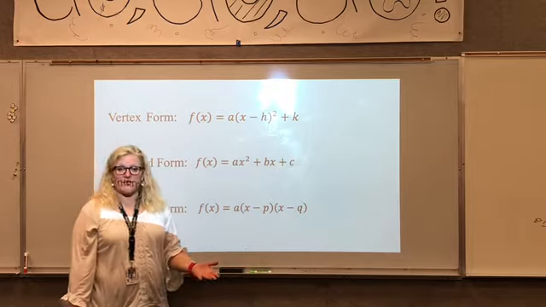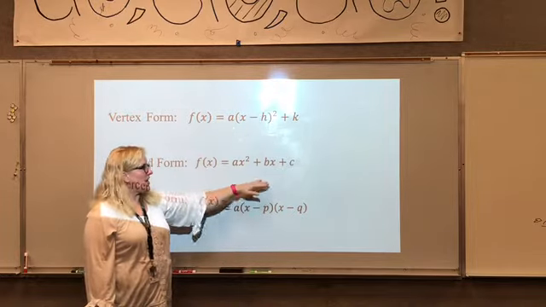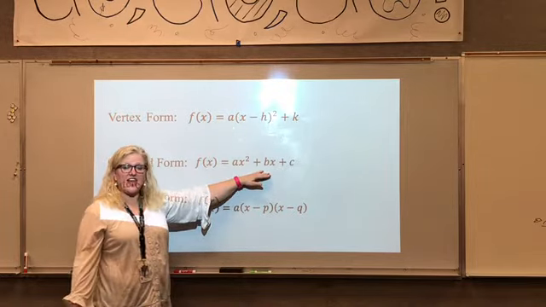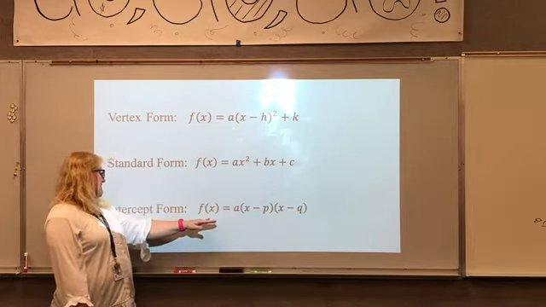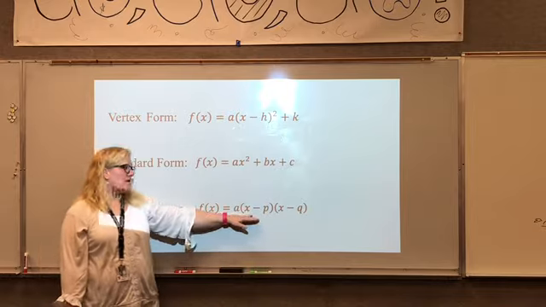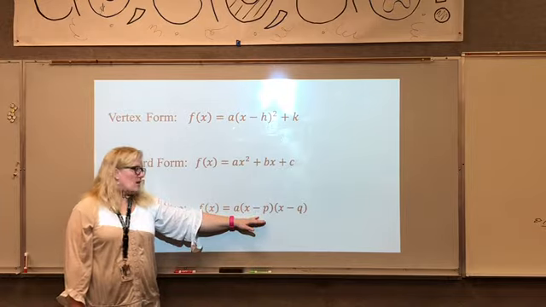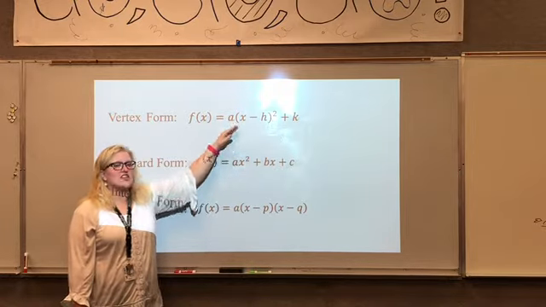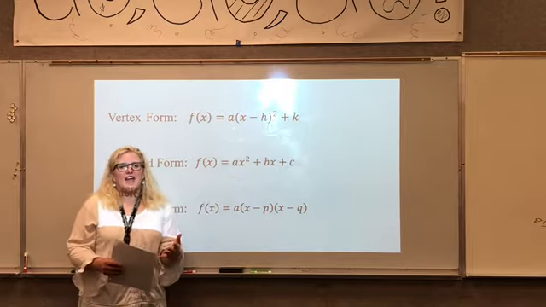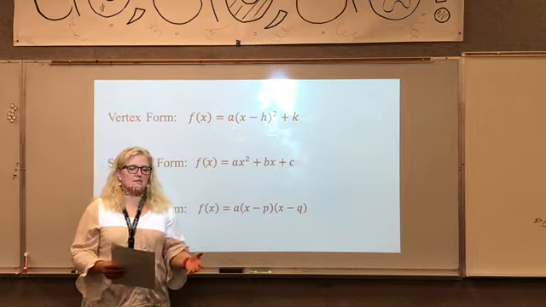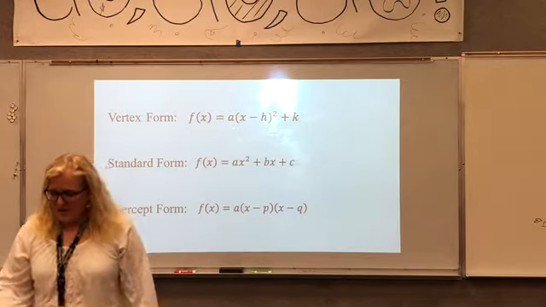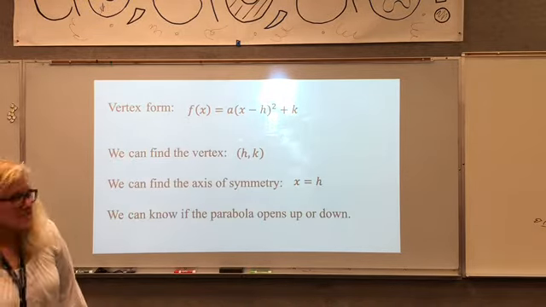The y-intercept, I can't find it here, but I can find it here. And the x-intercepts, I can find in the intercept form. That makes sense that it would be called that. But I can't find them just looking at these 2. So when we're looking at an equation in a certain form, there are just some things we can see right away. All right, so the first thing we're going to look at is vertex form.